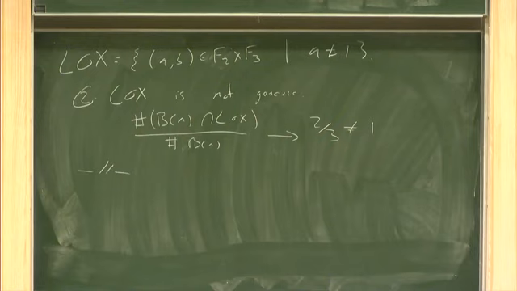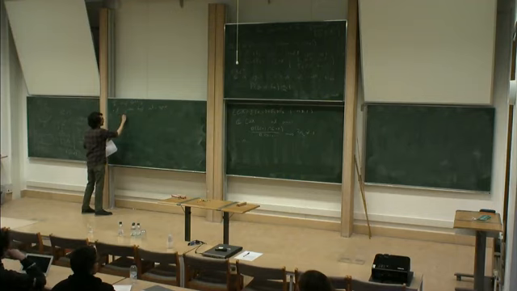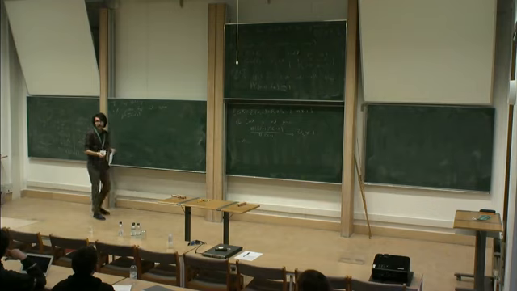Let's go through some setup. X will be a geodesic hyperbolic metric space. Just as we saw in Richard's talk, if I have an element of the isometry group of X, I can define its translation length.